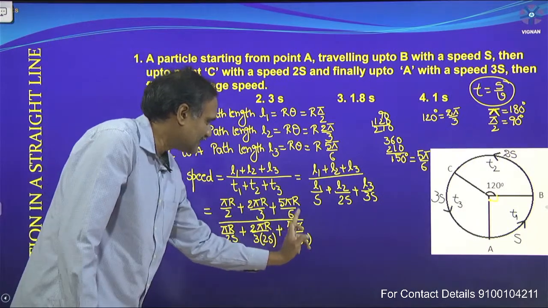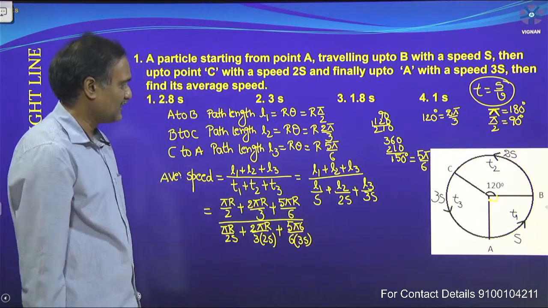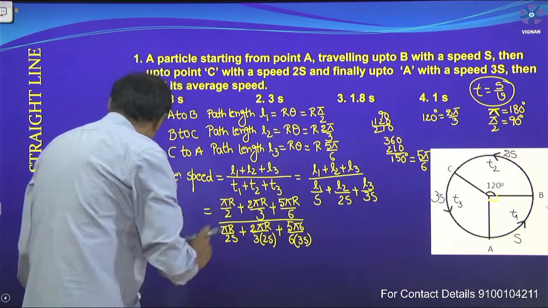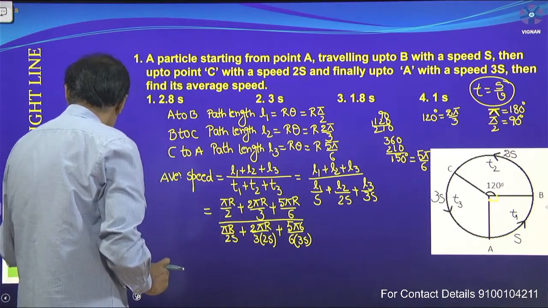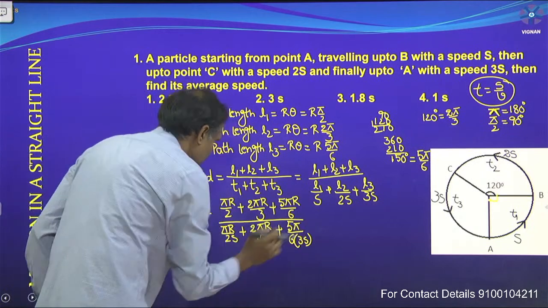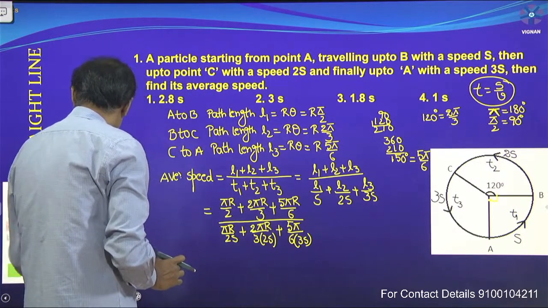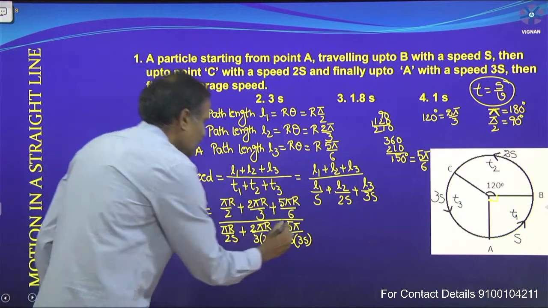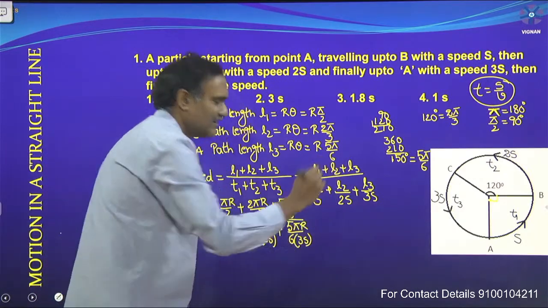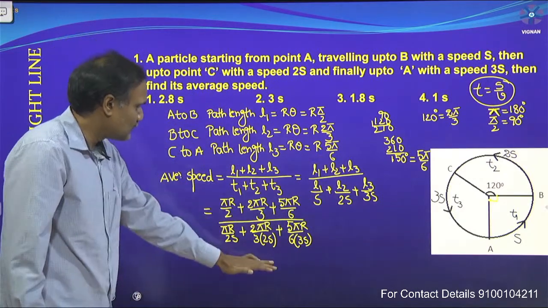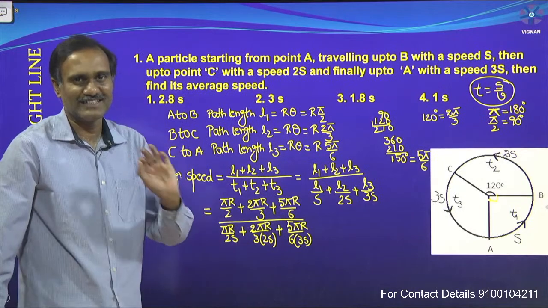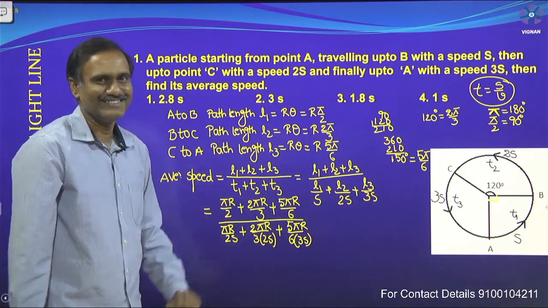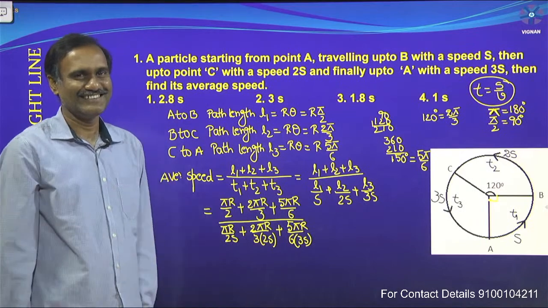Now you will simplify this from here onwards. Here it is 5 pi r, remember that. I will not do this, you will simplify that.